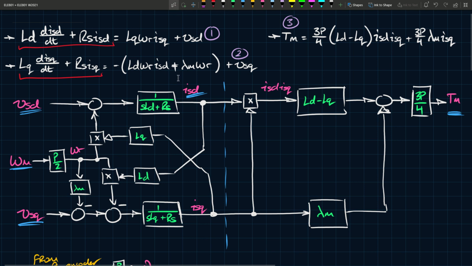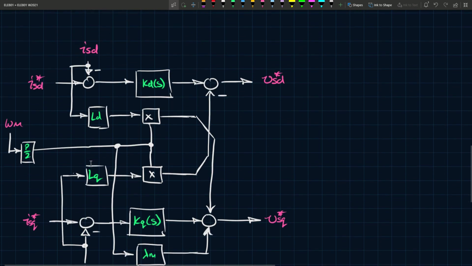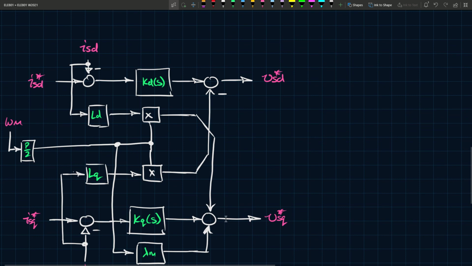So in order to eliminate the effect of whatever's in the parentheses here, we add this quantity to the bottom path, right? Basically you have ISD here being multiplied by LD here, being multiplied by omega R here, and then being subtracted here. So you want to add this term and you want to add this term here. That's exactly why we go down here and we leave these as additions.